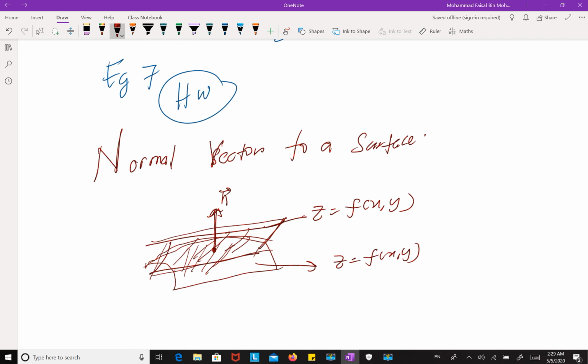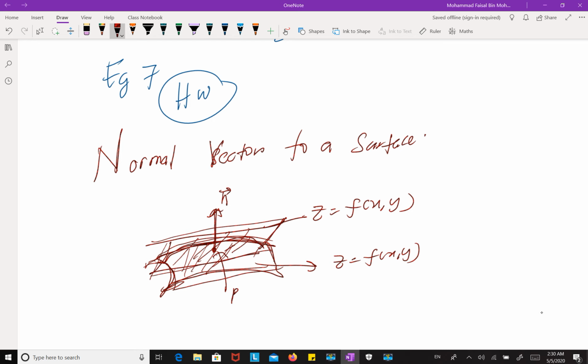Easy. A normal n to a non-flat surface at point P. Let's say I put this P on the surface is the vector perpendicular to the tangent plane to that surface.